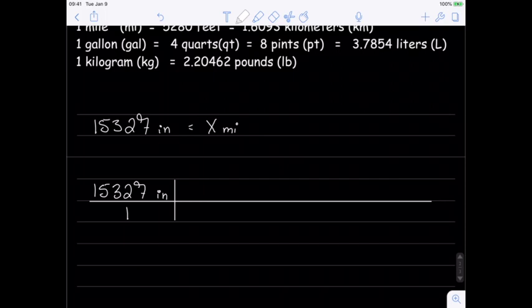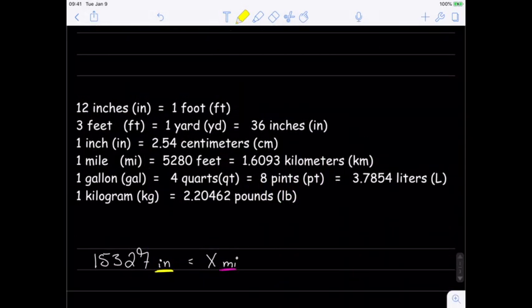And what we need to do now is find our inches in our unit conversion table, and find miles and kind of plan a path. How am I going to get from inches to miles? All right, so let's find inches.